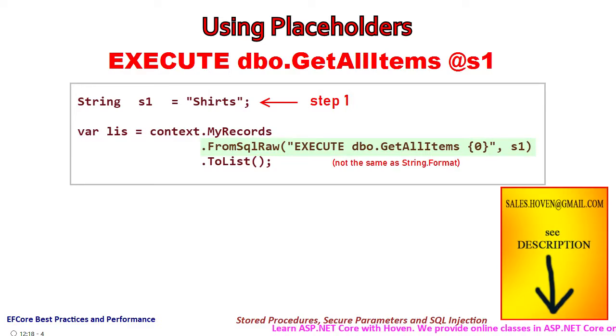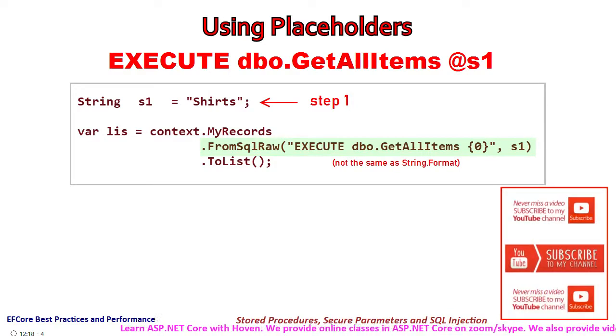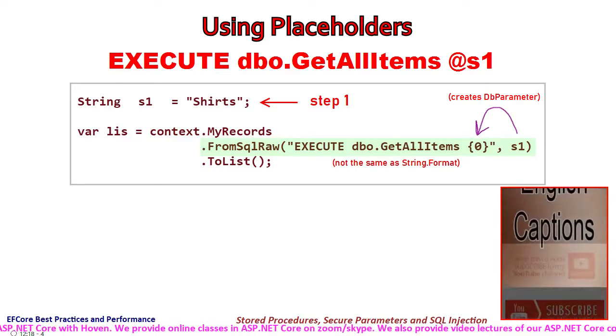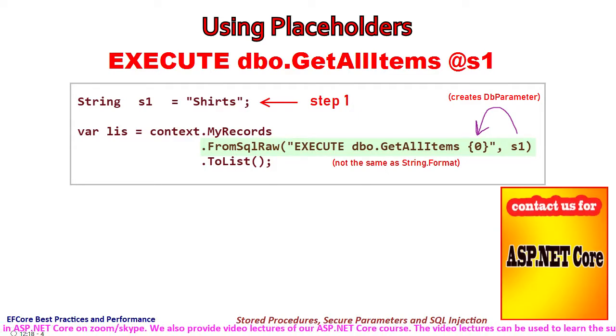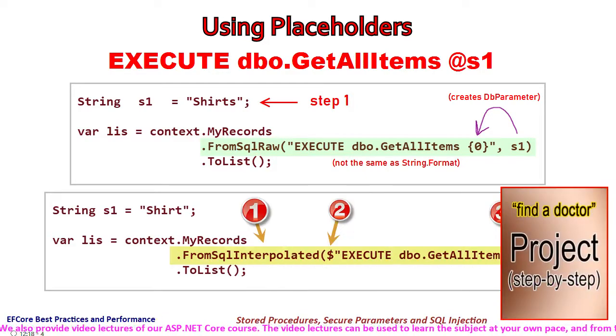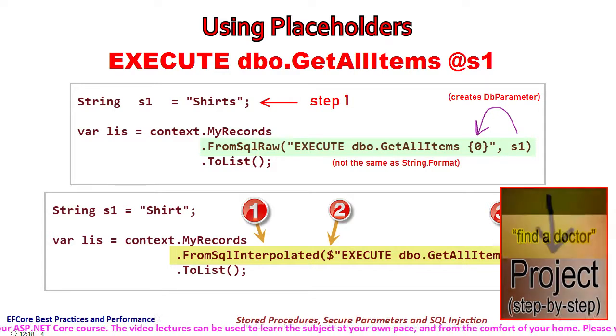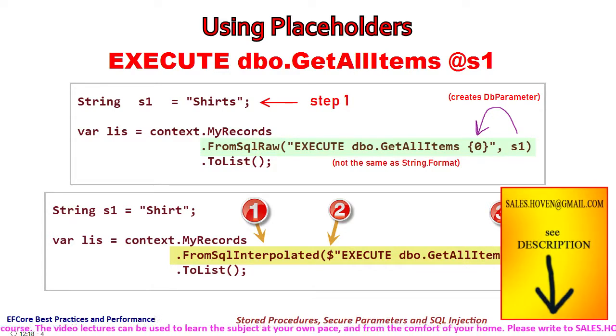It looks very similar to string.Format, but it is not the same thing. The function FromSqlRaw actually creates a DB parameter object out of s1 and then inserts it correctly at the place where placeholder 0 has been used. There is an alternate way of doing the same thing also. The above code could have been done with the string interpolation syntax as well.